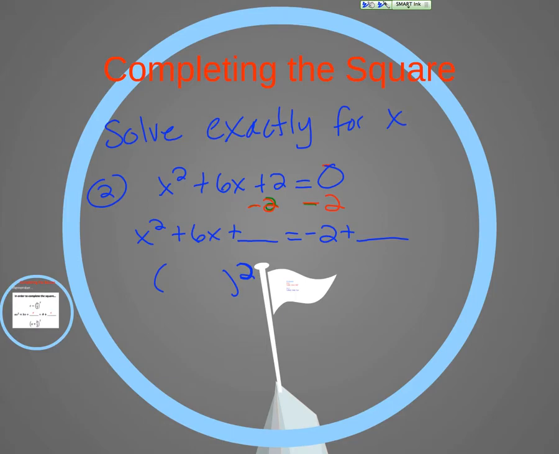To come up with that, we have to find C by taking B, this B, divided by 2. So 6 divided by 2 and squaring it. So that's 3 squared, which is 9. So I just do that off to the side. So 9 is the number that I have to put on both sides.